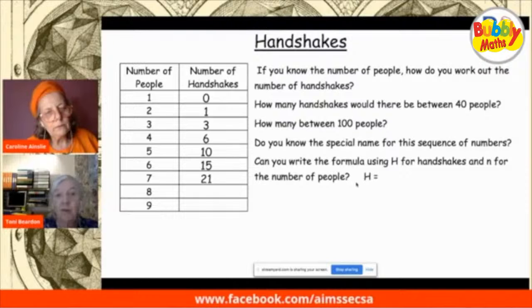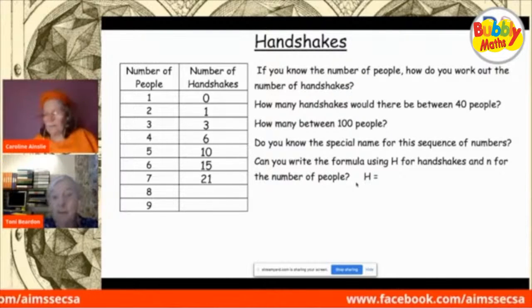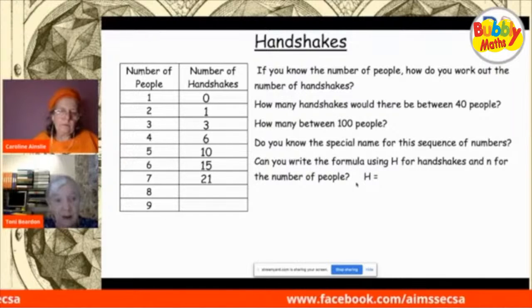And this is magic, because once they know that it's all about counting numbers and adding one more number each time, you add the next number in the sequence. So you add 1, then you add 2, then you add 3, then you add 4, then you add 5. And this leads you to the answer.